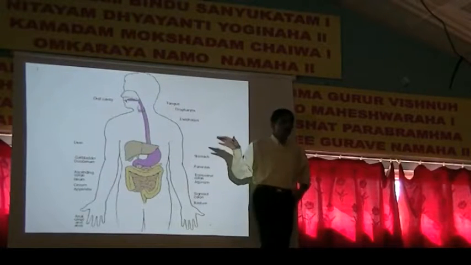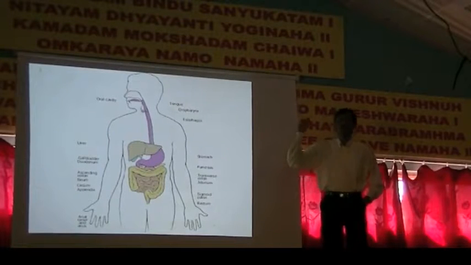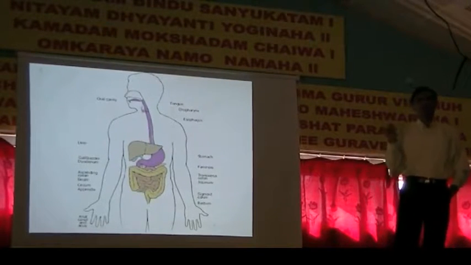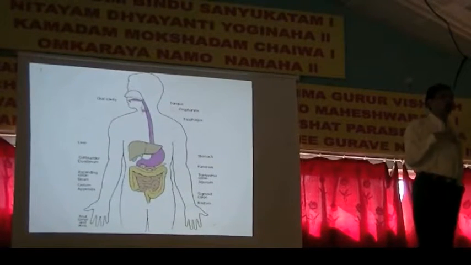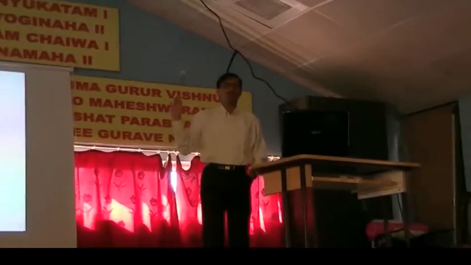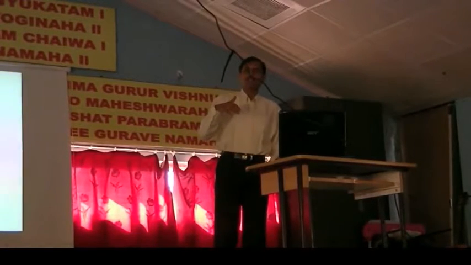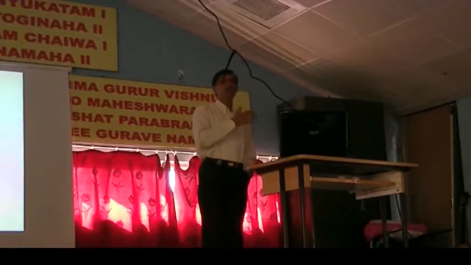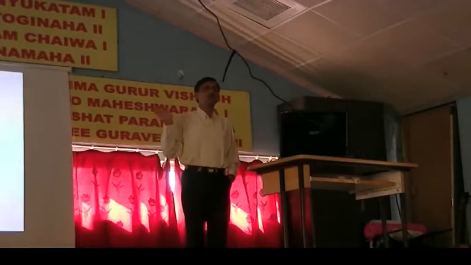And when I say everything, it literally means everything, including mucus, including the good bacteria in our intestines. We are all aware that there are certain bacteria which are needed by our body. So those bacteria also would be washed out. And even the mucus, the sticky fluid in the intestines which keeps the intestine moist, that also would be washed out. Because the speed of the water has been increased.